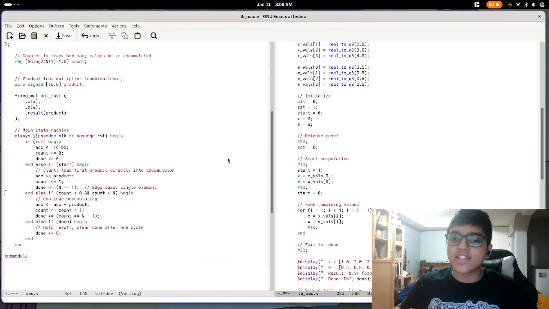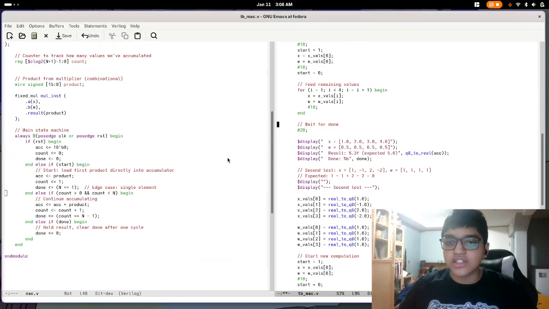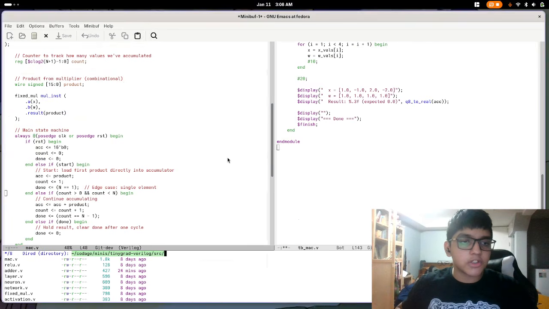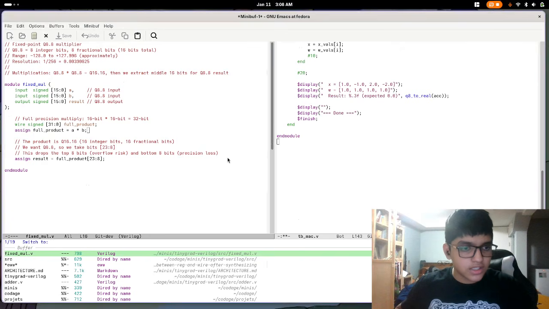We wait another 10 seconds, set start to 0, and then loop through the remaining values and feed them in one by one. After 20 nanoseconds, we display the results. So that's how our multiply accumulate works here.